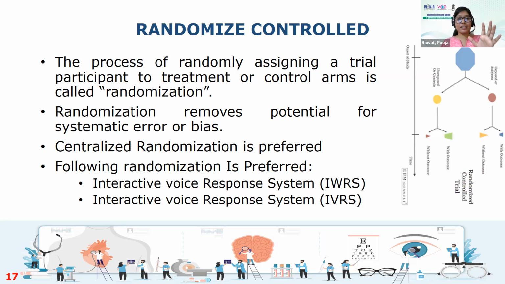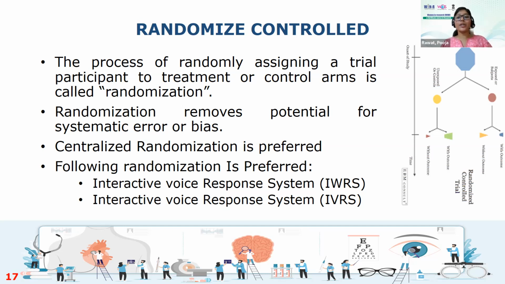So in a randomized controlled study, you assign patients randomly, and you do this through a centralized process or by introducing an electronic randomization system. What electronic randomization systems are we using nowadays?